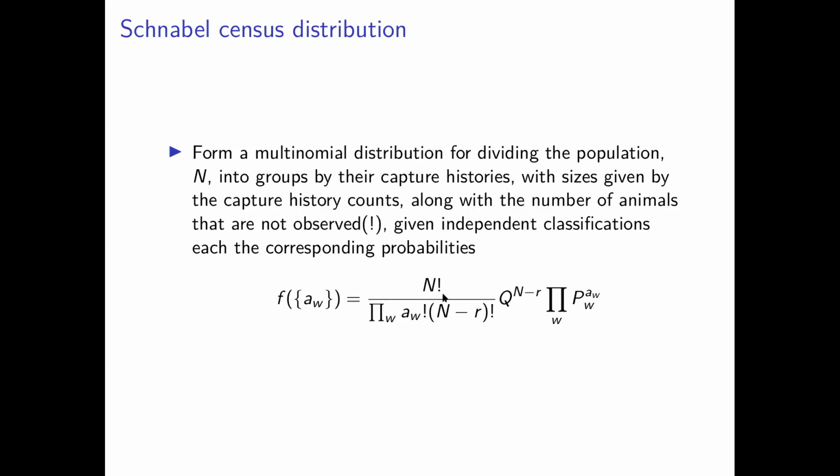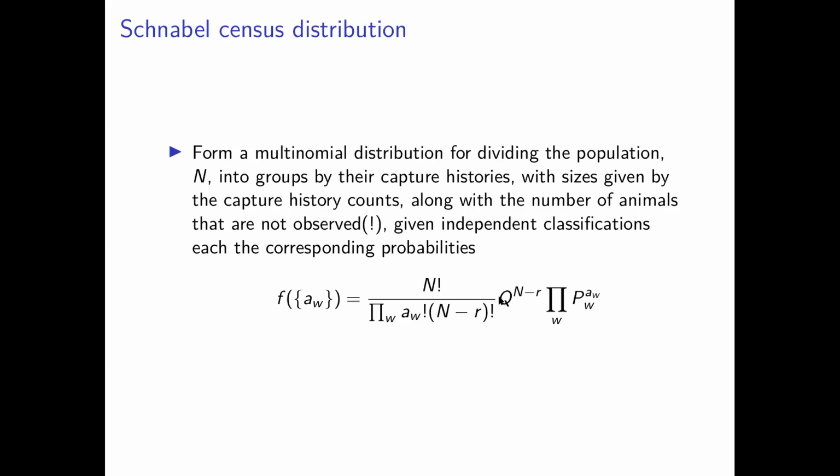The number of objects that we're dividing up is the whole population, capital N. And then the sizes of the groups are the numbers of each type of capture history that we've observed, and also the number that we never observed. We don't know capital N, so capital N is one of the parameters here.